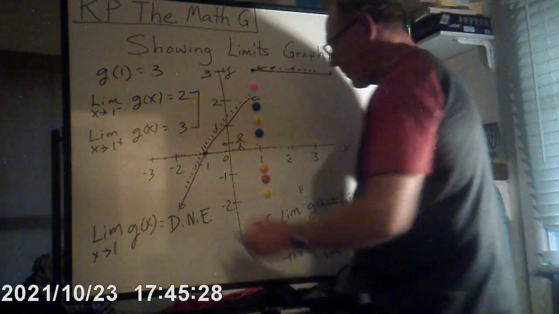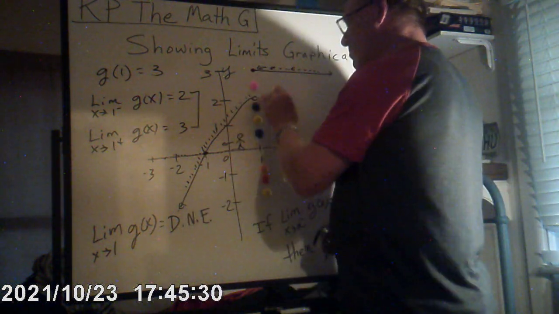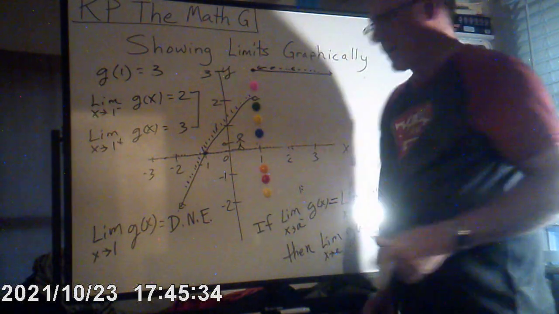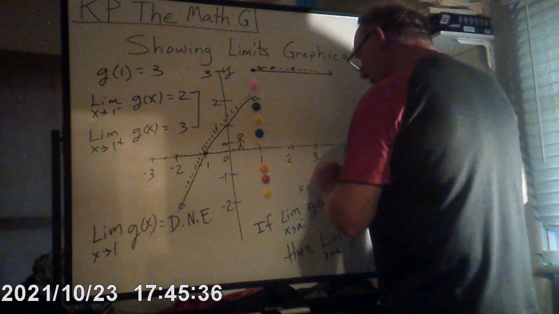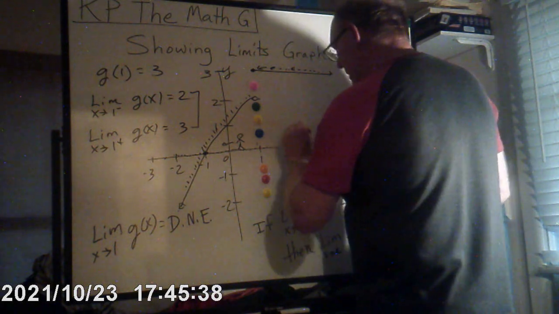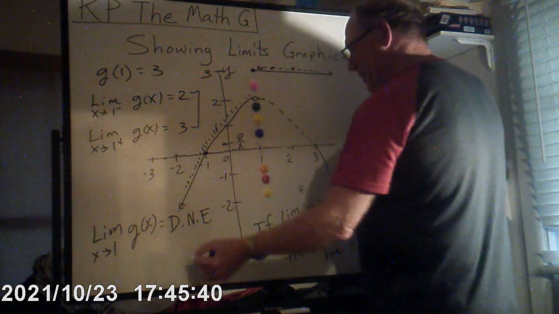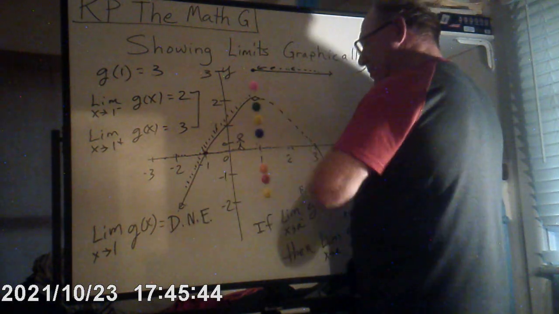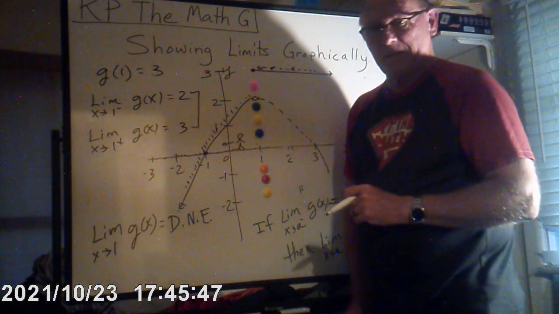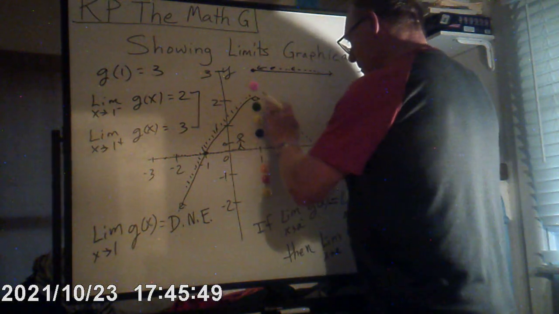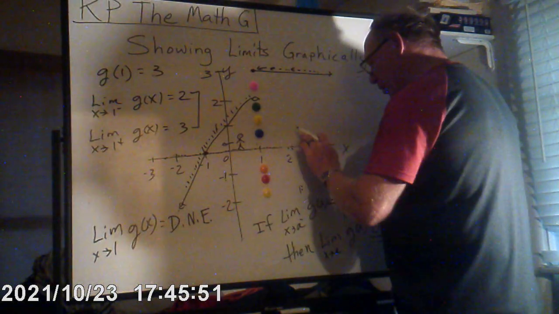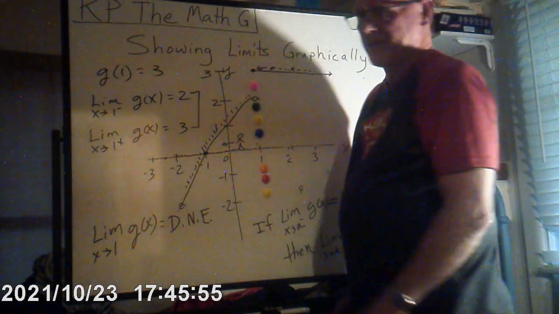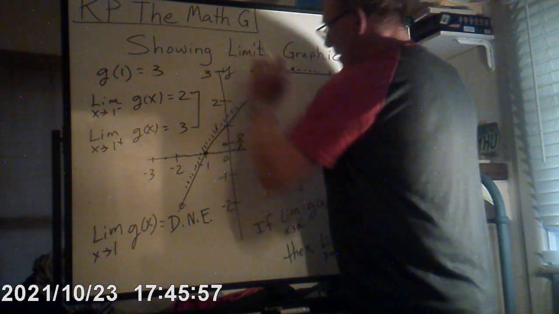Because from the left it does, from the right it does, but it doesn't meet at the same spot. Unlike the last one, remember, it approached from the left and from the right the same open circle, didn't it? But here, the left side approaches the open circle, but the right side approaches the closed circle, which is above that by 1 unit.